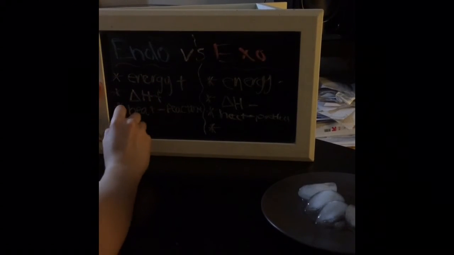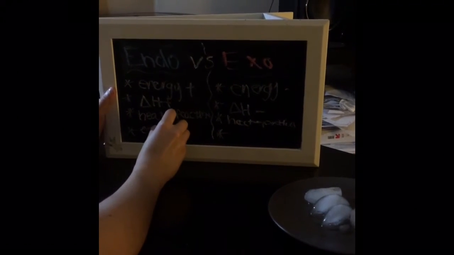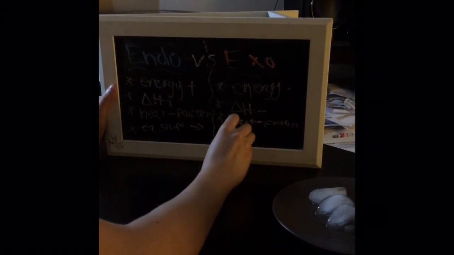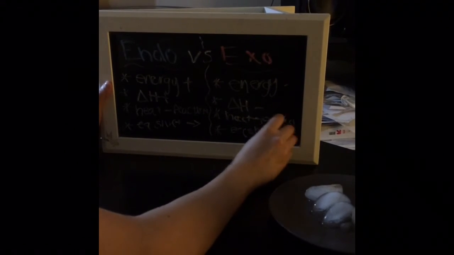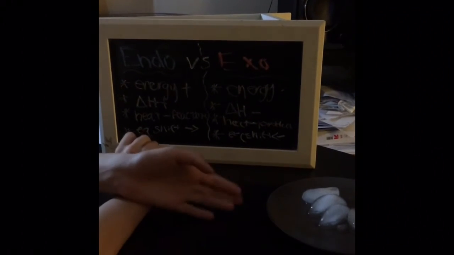Thus making the equilibrium shift to the right. And with exo, the equilibrium shifts to the left. And then here we have an example of an endothermic reaction. It's ice melting, and the heat is being gained, and the ice is melting.